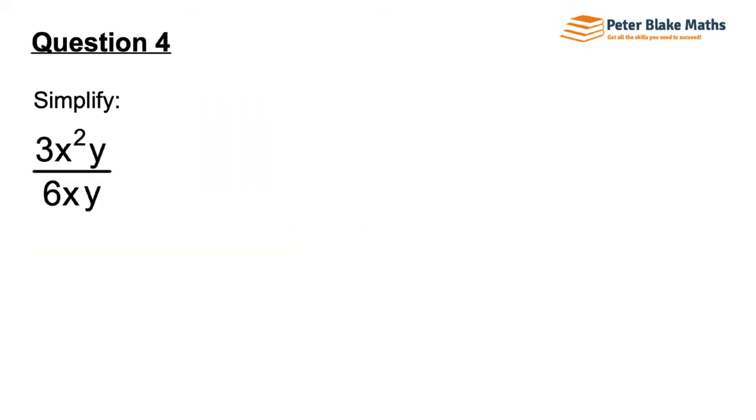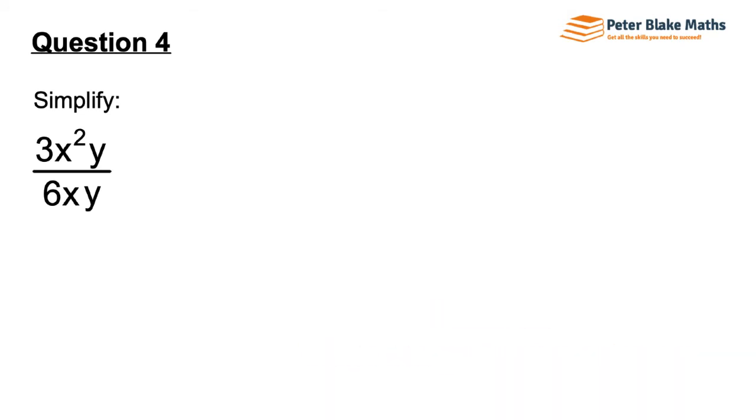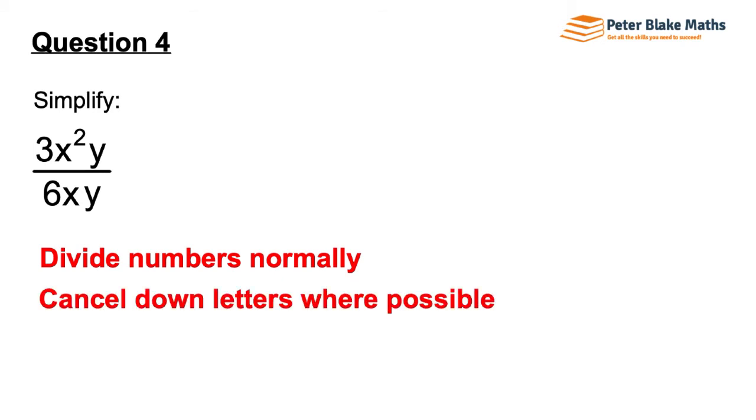Question 4. Simplify 3x squared y all over 6xy. We divide the numbers normally, and we cancel down letters where possible.